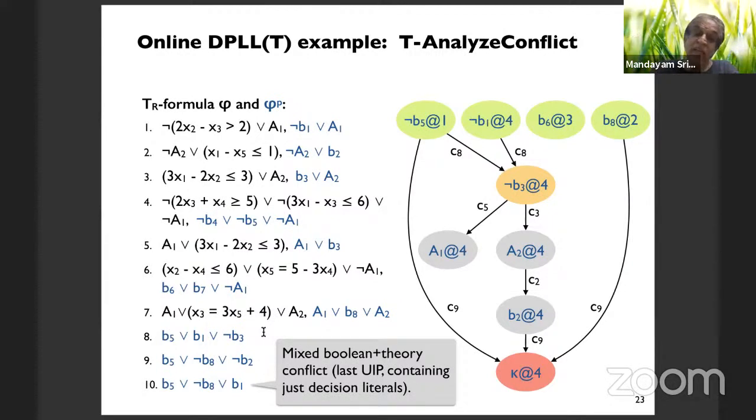But if you want to derive these kinds of valid consequences, you will have to make repeated calls to your theory solver, right? How do you know that you have to generate B3?